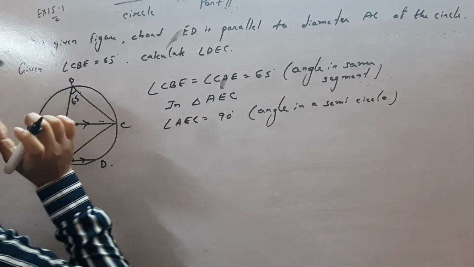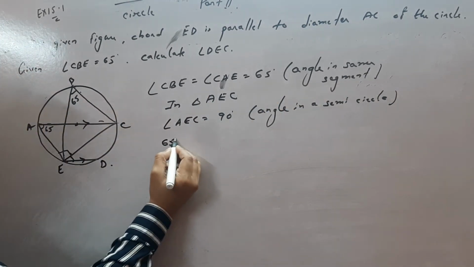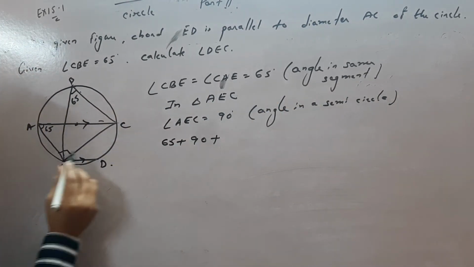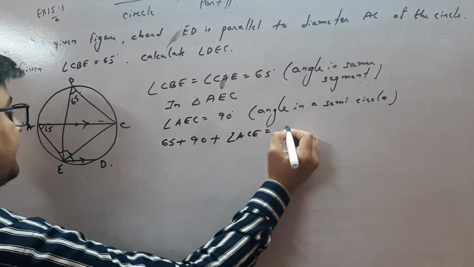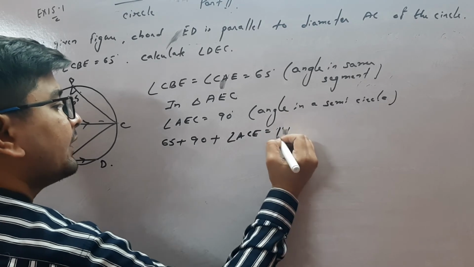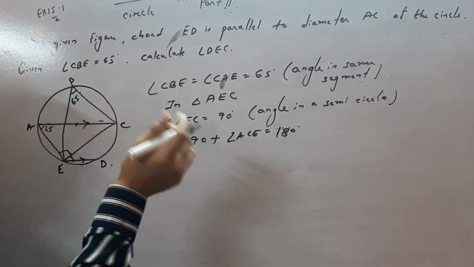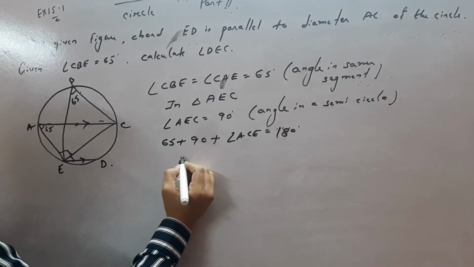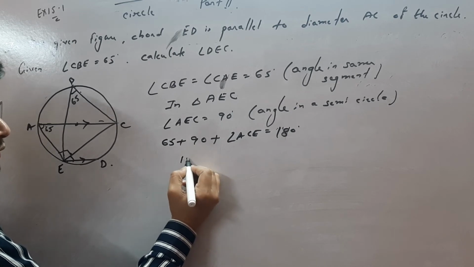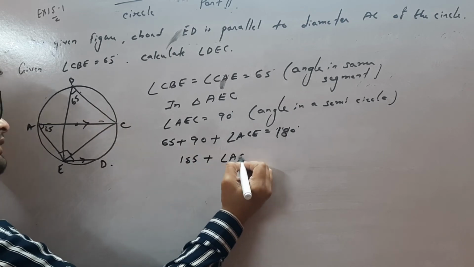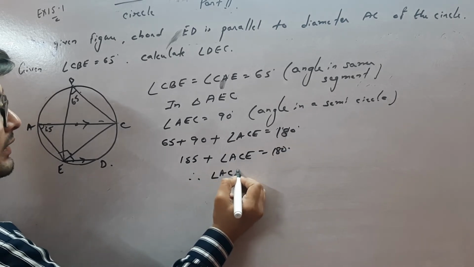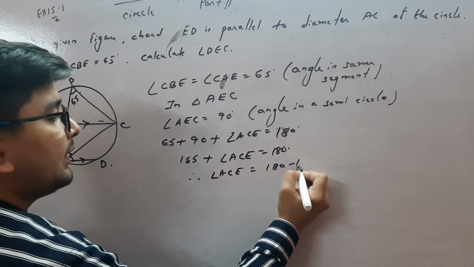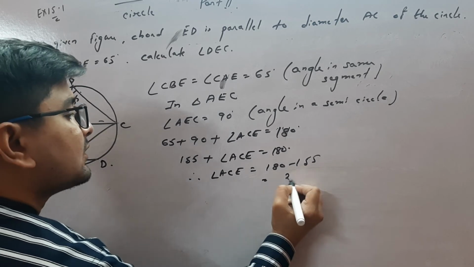So 65 plus 90 plus angle ACE equals 180 degrees. Sum of all angles of a triangle is 180. So 155 plus angle ACE equals 180. Therefore angle ACE equals 180 minus 155, which is 25.